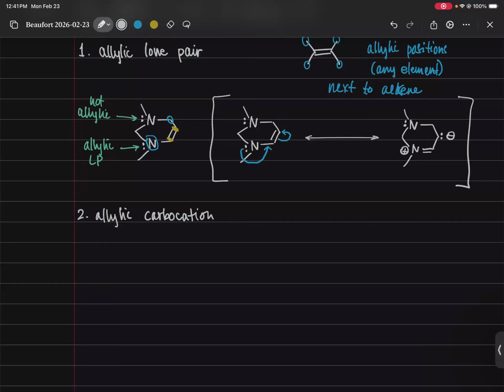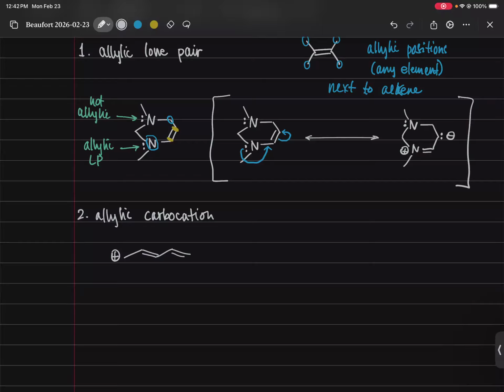And so this actually doesn't work as similarly as it sounds like it should. So there's an example of an allylic carbocation, right? So the carbon that's got the positive charge is right next to a carbon that's in a CC double bond.